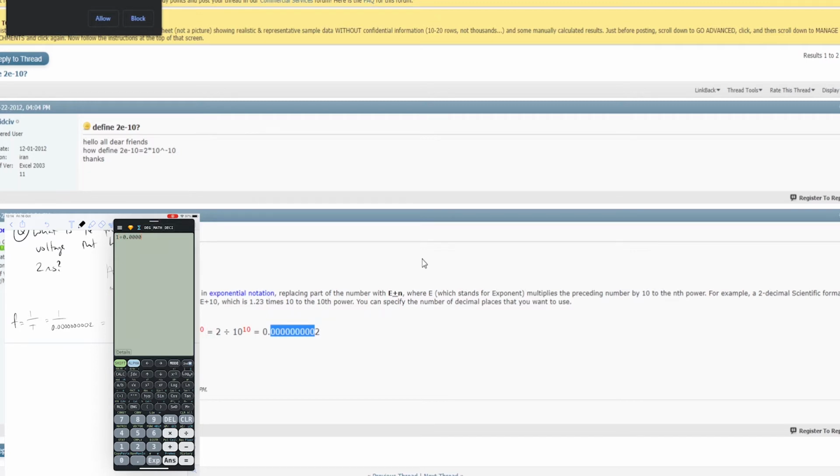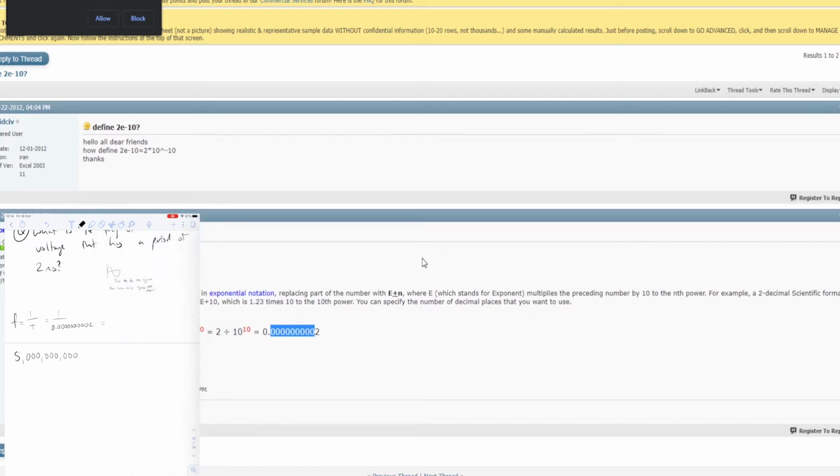So 1 divided by 0.000000002. What the hell? How many zeros is that? 5, and then 1, 2, 3, 4, 5, 6, 7, 8, 9.